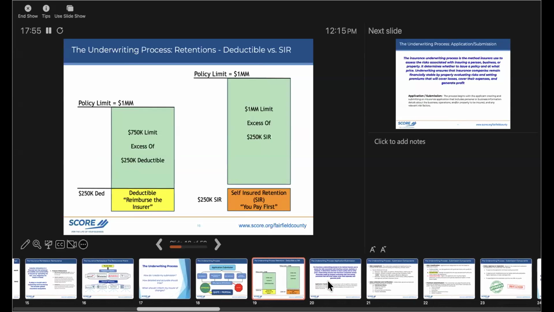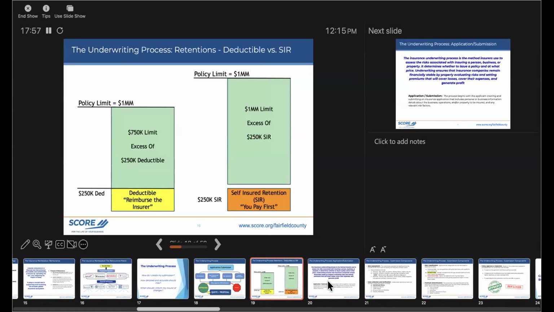The underwriting process often includes retentions, either as a deductible or a self-insured retention, SIR. And this is a graph that basically shows you the difference between the two. Sometimes people will use the word deductible and SIR interchangeably, but technically they are different.